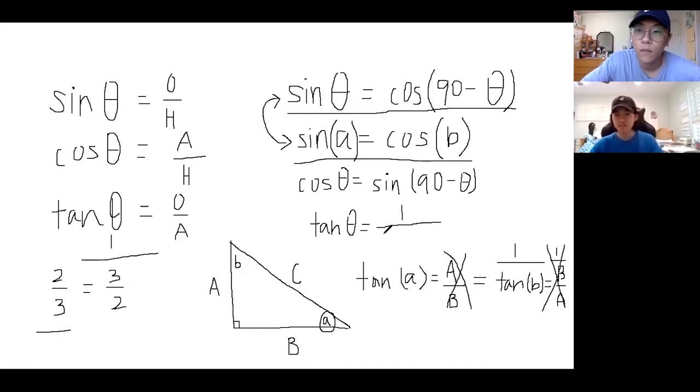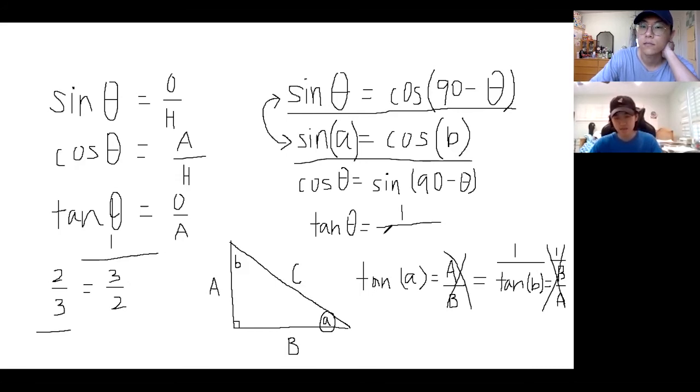Like, you put tangent, or sine, and then you put cosine of something, right? So I'm guessing you put tangent of something. The 90 minus beta is incorrect, right?